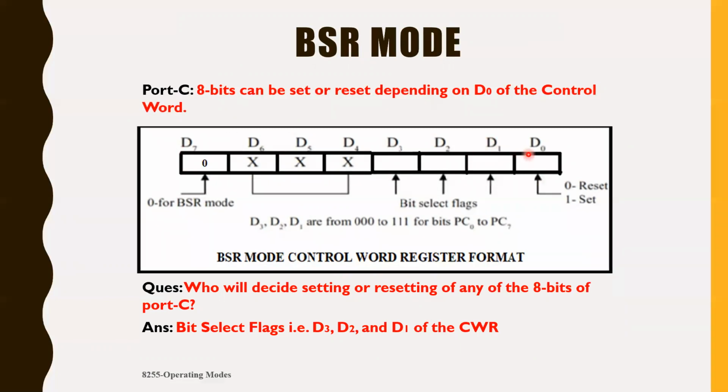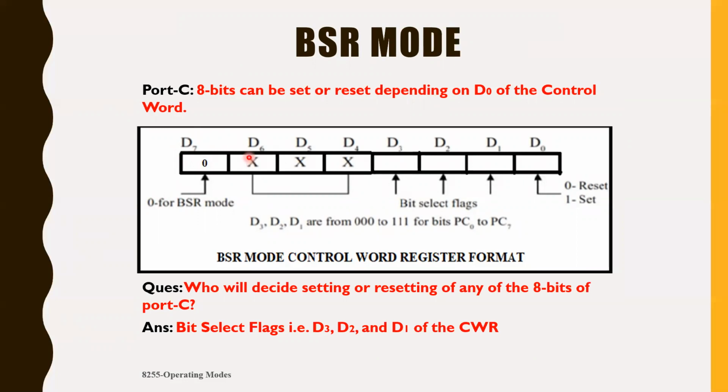These 8 bits are D0 to D7. The D7 bit of this control word, if it contains 0 value, indicates that 8255 is under the BSR mode. And if this cell contains 1, it indicates that 8255 is under the IO mode.